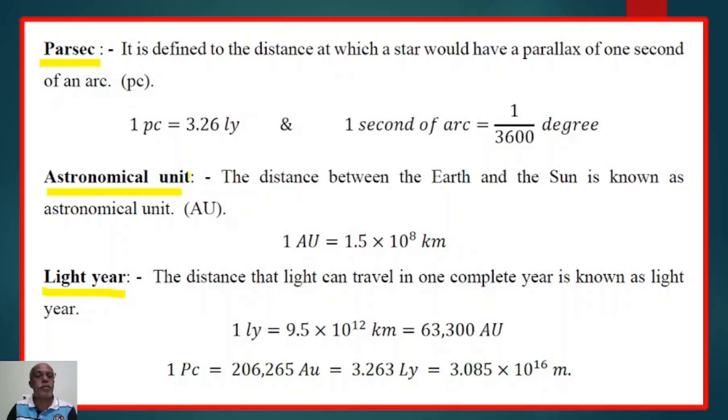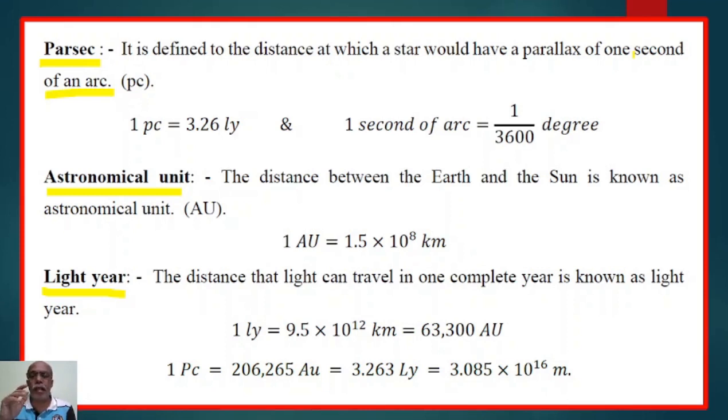One parsec is defined as the distance at which a star will have a parallax of 1 second of an arc.